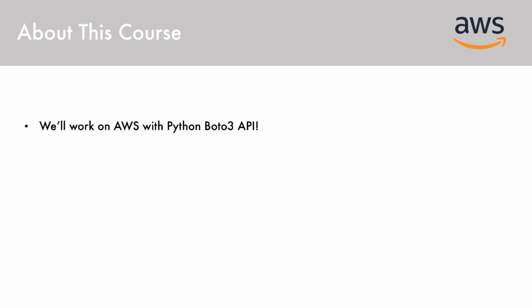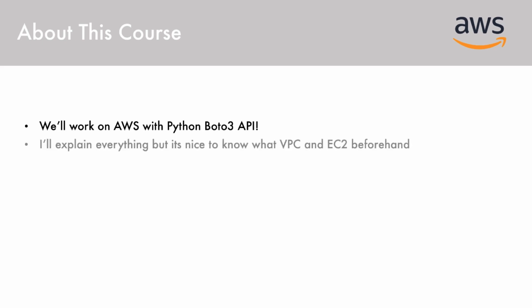From EC2 instances to VPCs, load balancers, and everything about AWS, you can simply manage everything using Boto3 and Python for AWS. And of course, I'll explain everything, but it's nice to know what VPC and EC2 are beforehand.